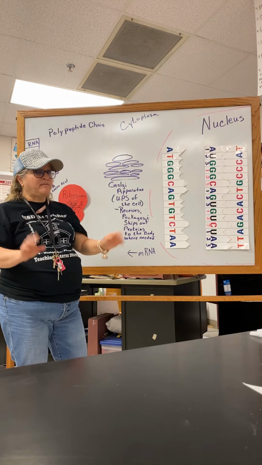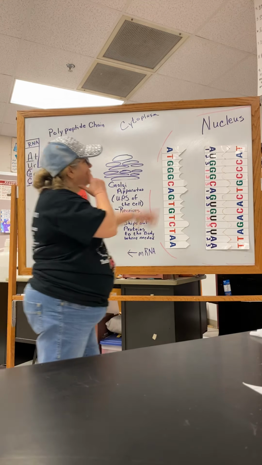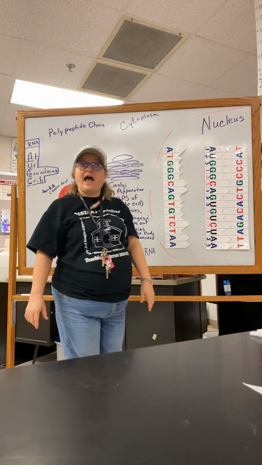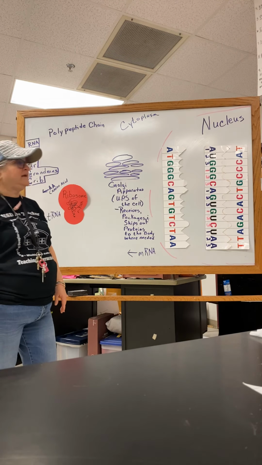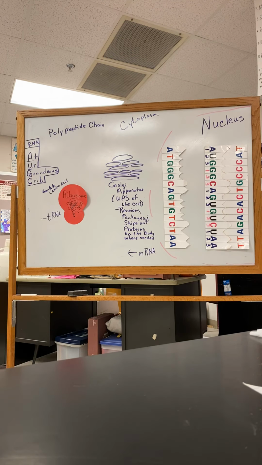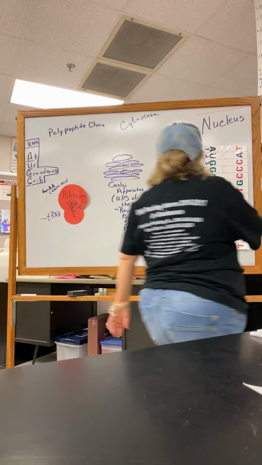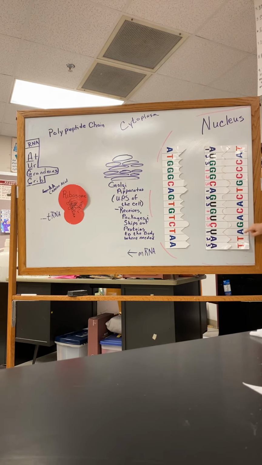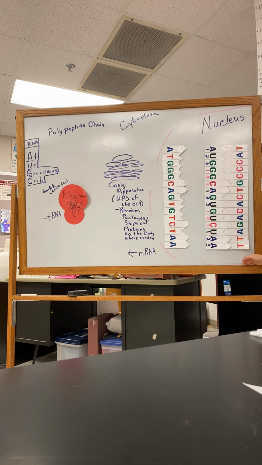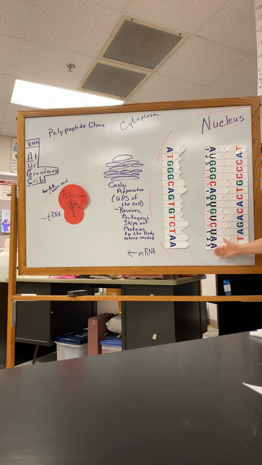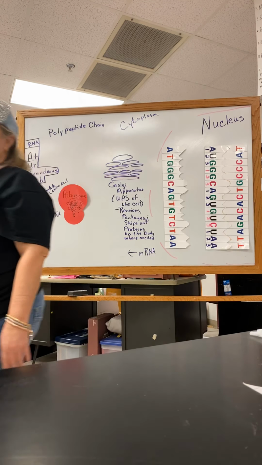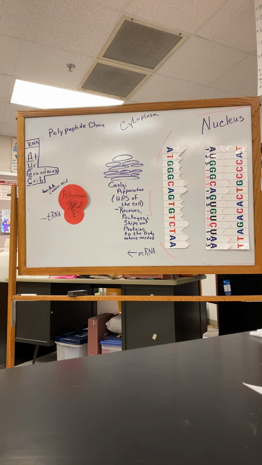Okay, I'm going to take a little time out here because I've got to remind you of something. Remember that this is DNA. How do you know it's DNA and not RNA? That's right. It's because it has thymine in it, or T's. DNA has thymine in it, whereas RNA never has thymine in it. Well, how do you know this is RNA? That's right.